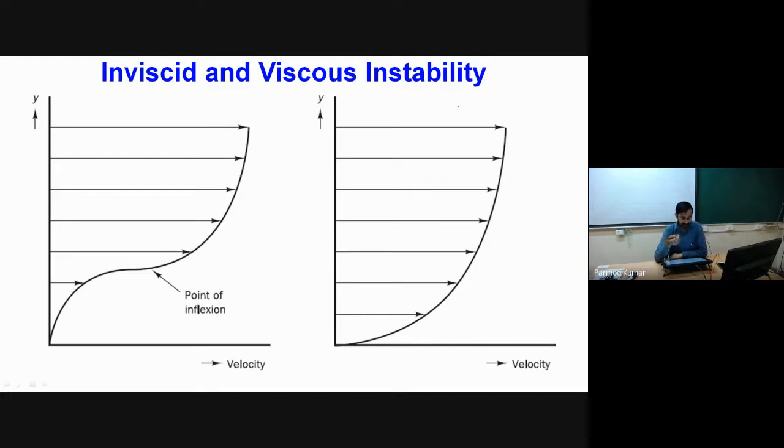Now it depends upon the flow conditions whether these small disturbances are amplified or diminished. Theoretically, this can be found using linear hydrodynamic stability theory.